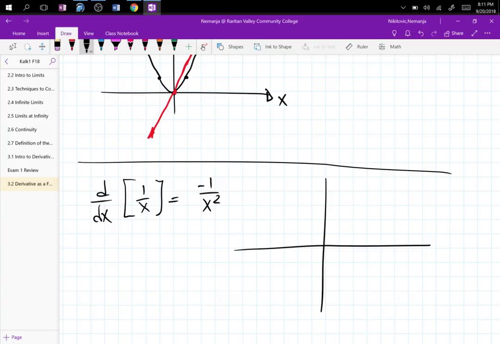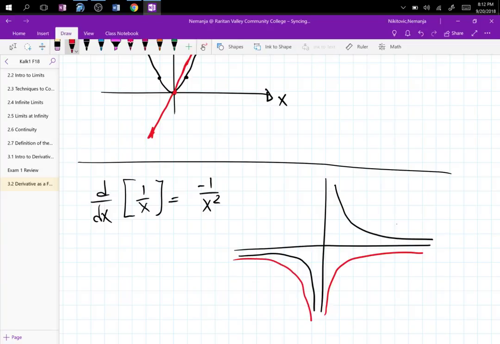We know 1 over x is this, and then negative 1 over x squared will look like that. So we have our derivative, and our black is the regular function.